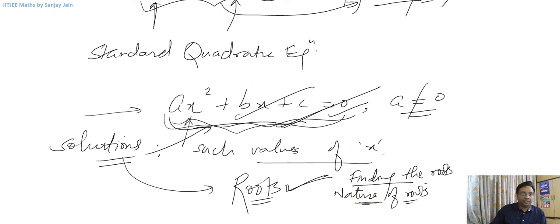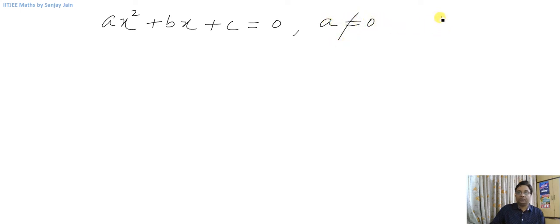First of all, let me clear the board. So if I write the standard quadratic equation once again, ax square plus bx plus c equals 0, where a is not equal to 0, and obviously a, b, c are constants and these are real numbers. Okay, so roots are such values of x.